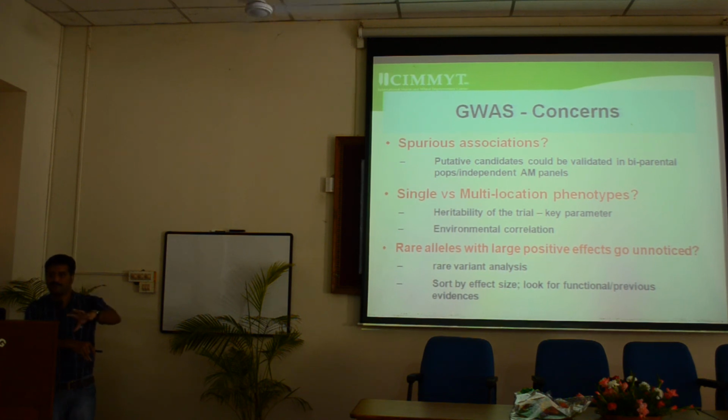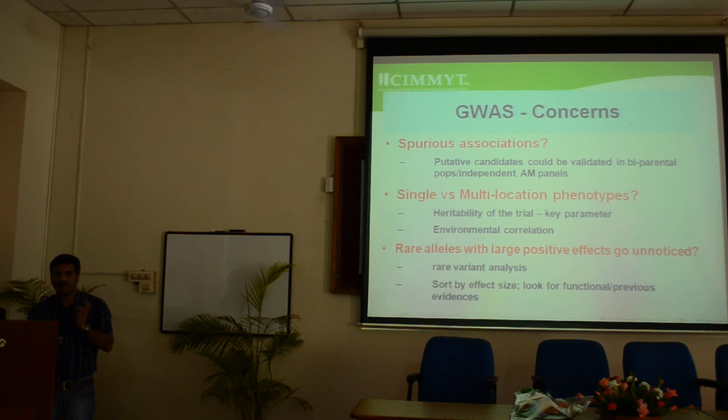I made it 5 locations thinking that the data is going to be more robust, but now I am seeing a different result. So what does it mean? It means there is a lot of G by E, so I am not able to identify the right region. So how many locations are actually enough to identify the right genomic regions? These are important researchable issues in GWAS. Okay. So these are not yet well answered questions.